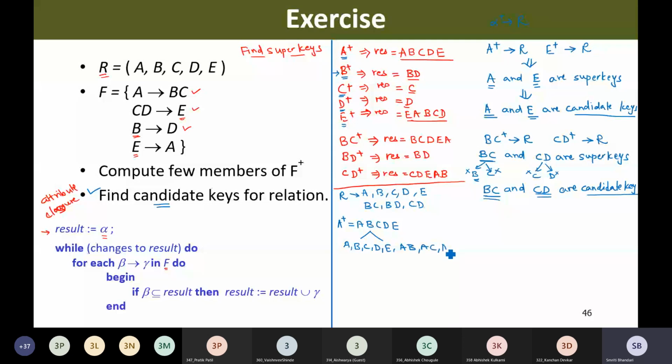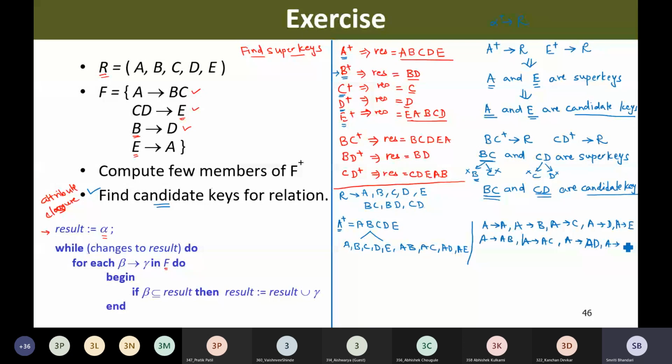So what our algorithm says is that if I am having all those subsets, all those can be determined by A. So I may output functional dependencies like A determines A, A determines B, A determines C, A determines D, A determines E, A determines AB, A determines AC, A determines AD, A determines AE.